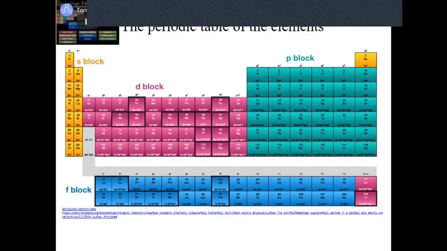And that would give a table of rows and columns, periods and groups, as we would call it today. But there wasn't a good explanation as to why certain elements have similar properties to other elements, and the quantum mechanical model of the atom nicely explains this.